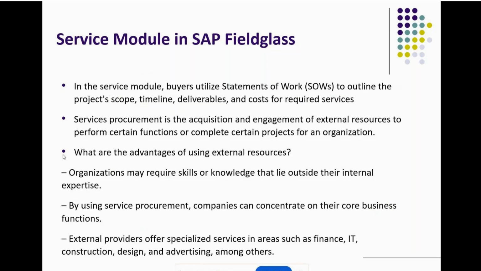It is the outline of project scope, timeline, and deliverables. It's just an outline map: what the project is, who will be working, at what time, what the duration and name of the project are, and how many headcounts, or employees, we require to complete this project. Everything is defined in the SOW.